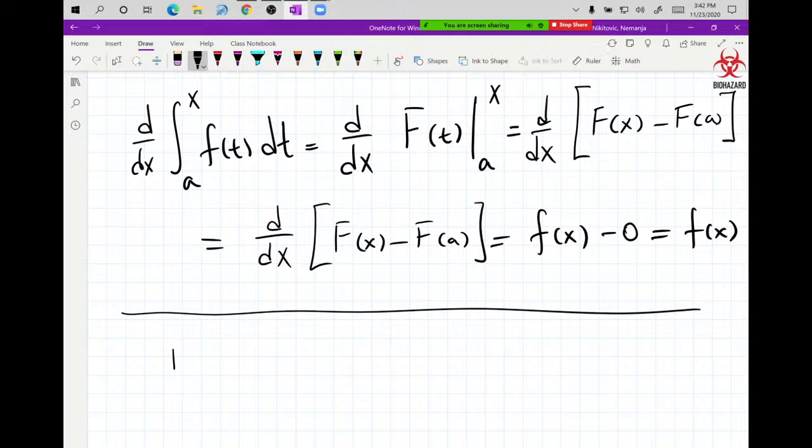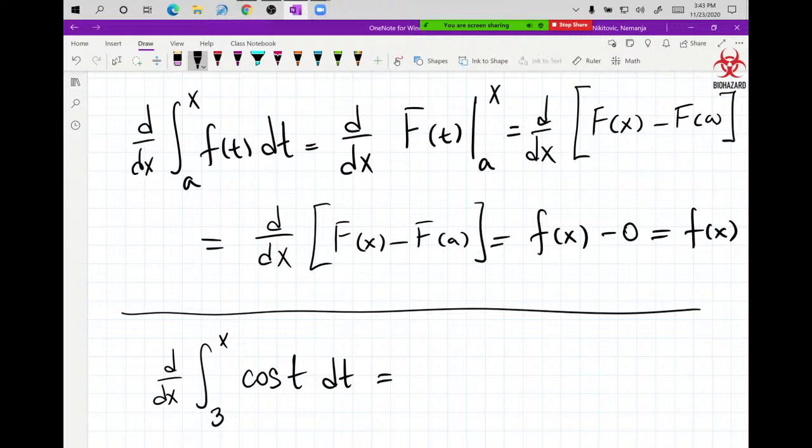So if you start with the derivative of, let's say, the integral from 3 to x of cosine t dt. Oh, we didn't do the 4s yet, we didn't do the stuff with a, that's later.